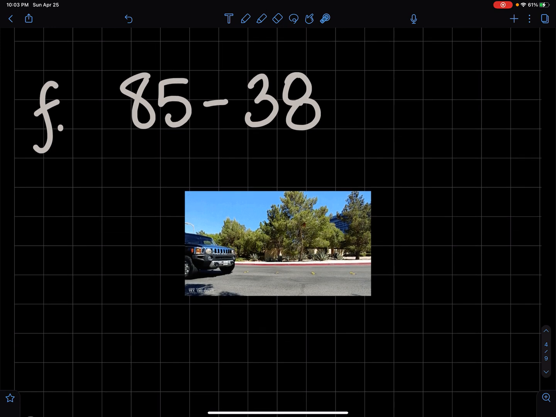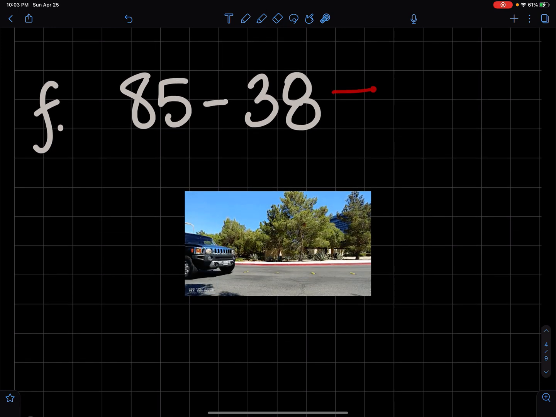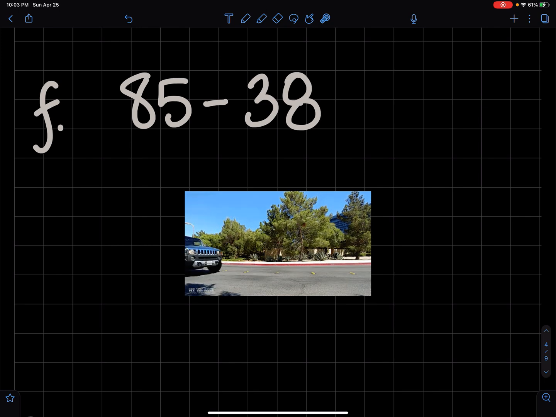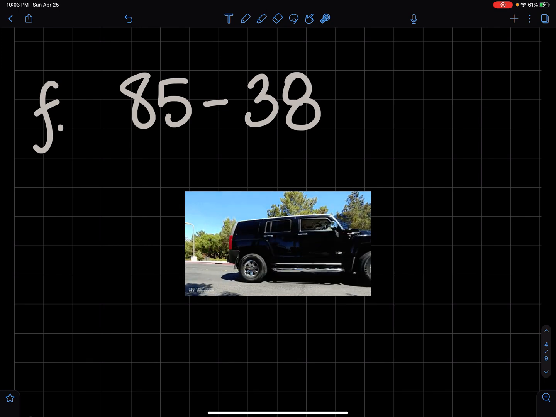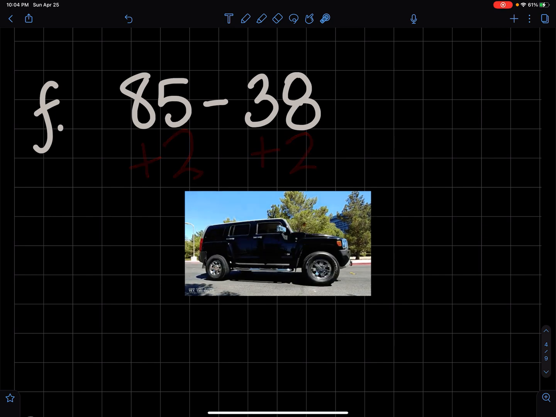Okay, what about F? We're going to do 85 minus 38. So you can either write that out and carry a 1, or you can do it the way we've been doing where you add 2 to a number and make it an easier math problem. So that would be 87 minus 40.